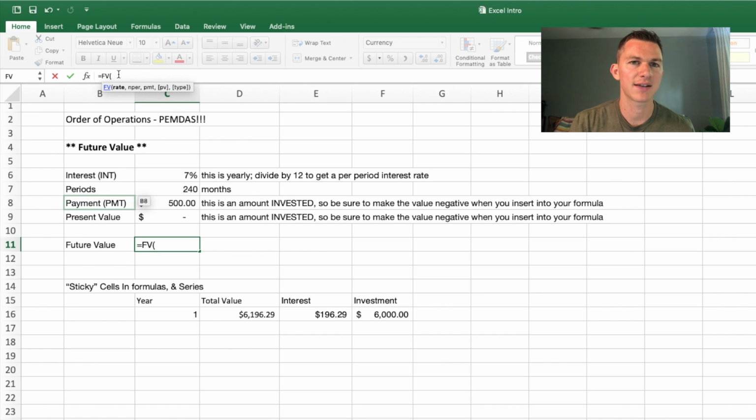So this is telling Excel, run future value, and then parenthesis, here are all the values that go into all the building blocks that you need to come up with the future value. So building block 1 we covered was the interest rate. Remember, rate, interest rate. So this is the interest rate each period.